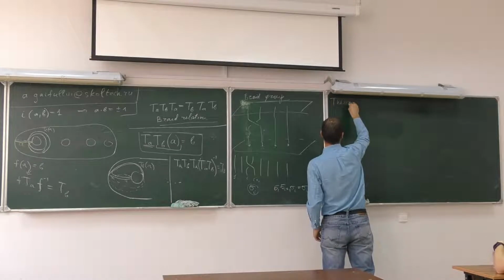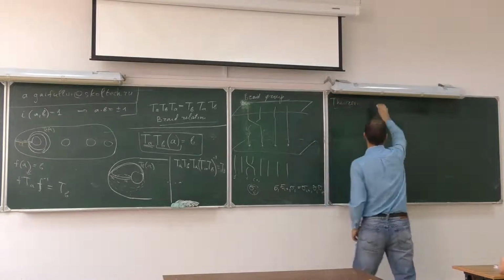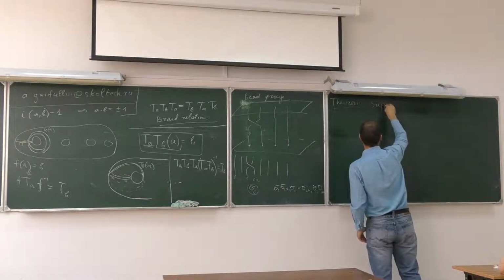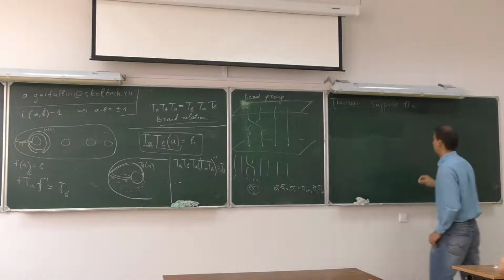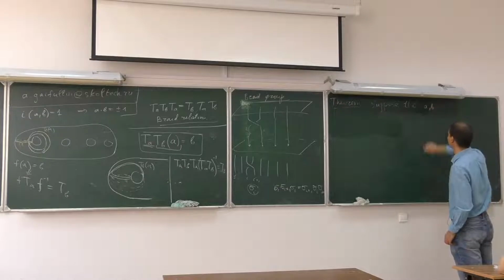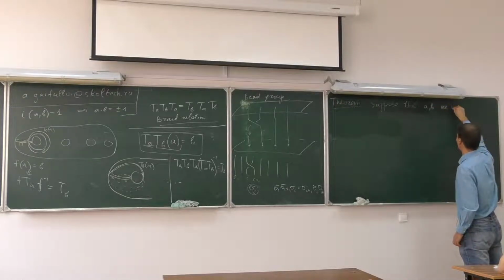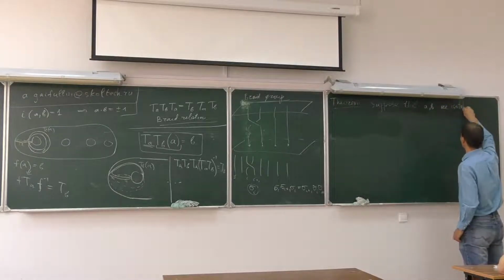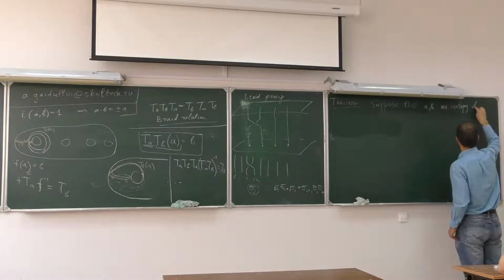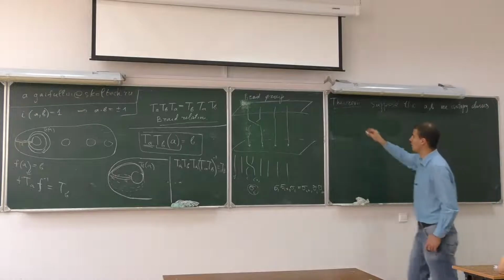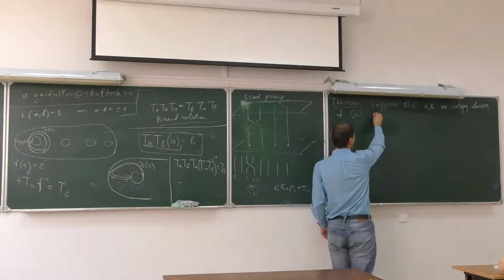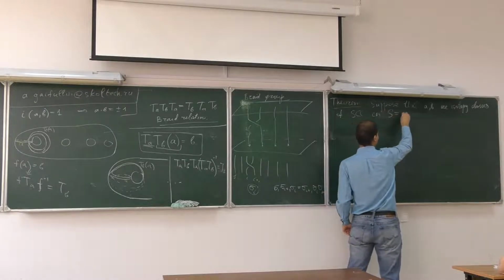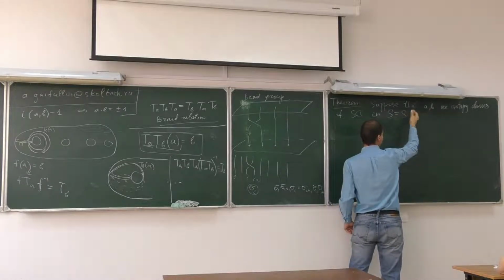So, theorem. Suppose that A and B are isotopy classes of simple closed curves on a surface, on any surface of finite type.